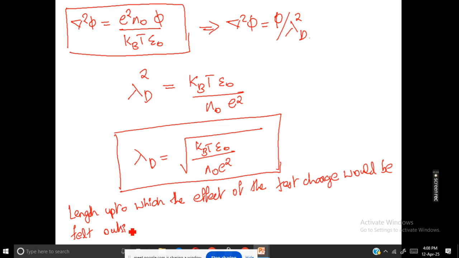Outside the Debye sphere, or outside this line, the effect of the test charge won't be felt due to Debye shielding.